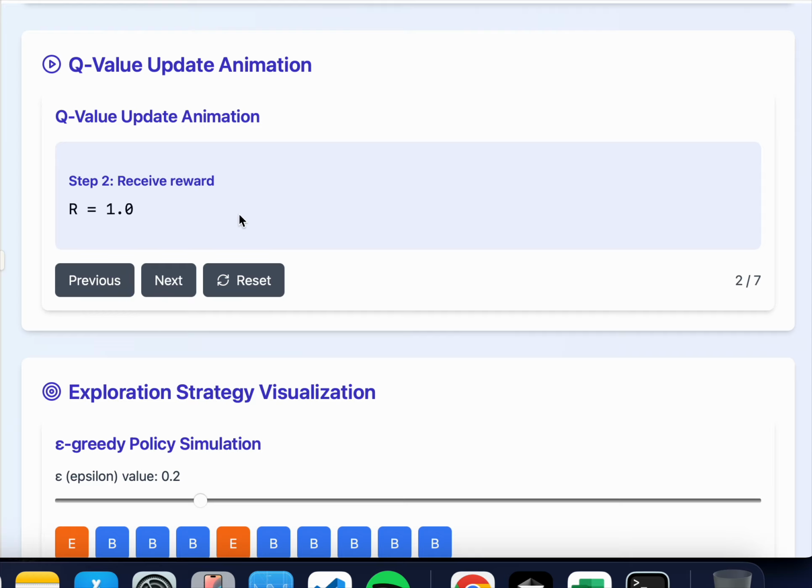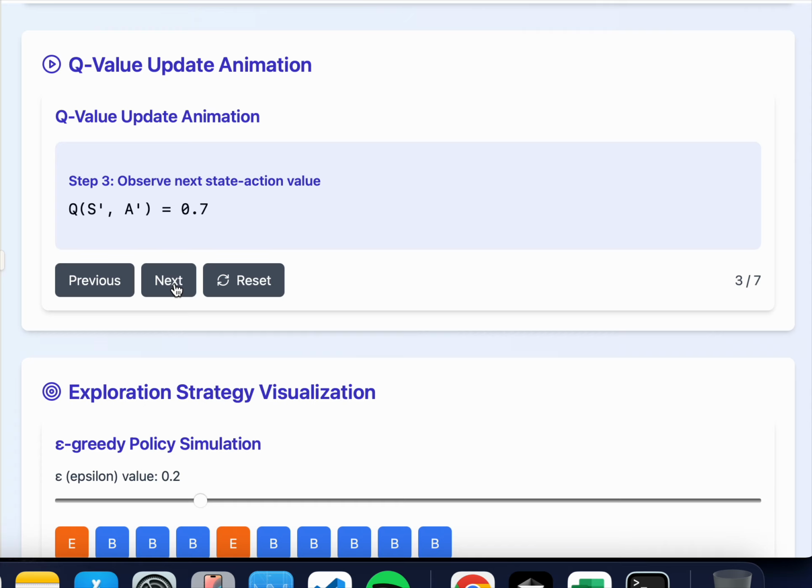Then we take the action and observe what happens, and we get a reward, and in this case the reward is 1.0. So we did something that turned out to be pretty good, at least immediately. But hold on. SARSA doesn't just look at the immediate reward.